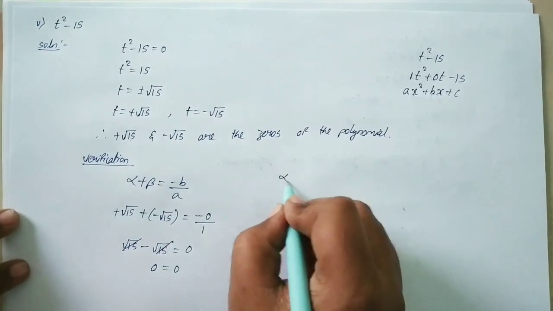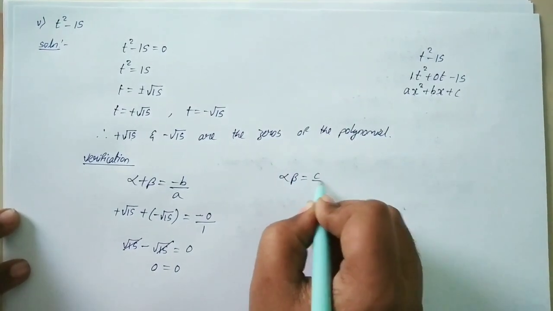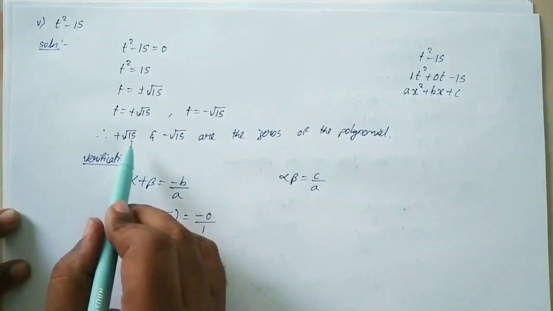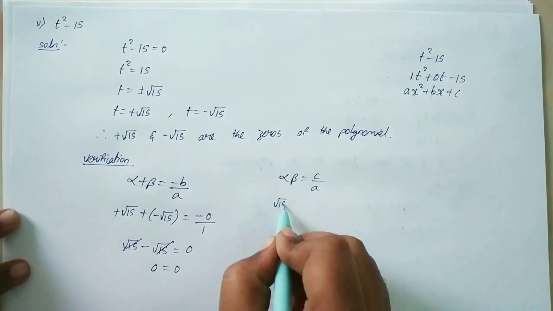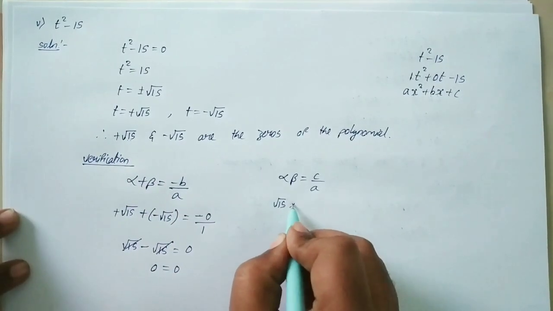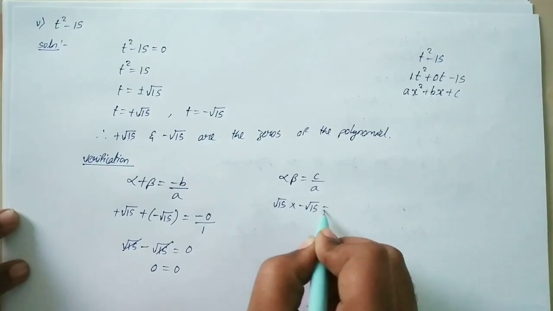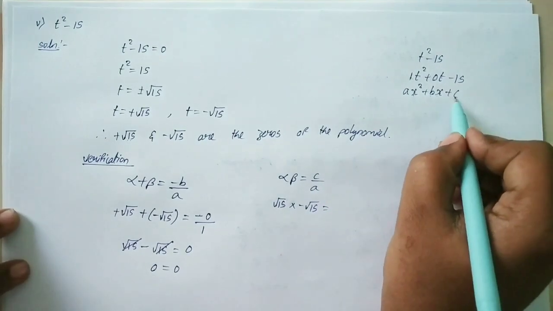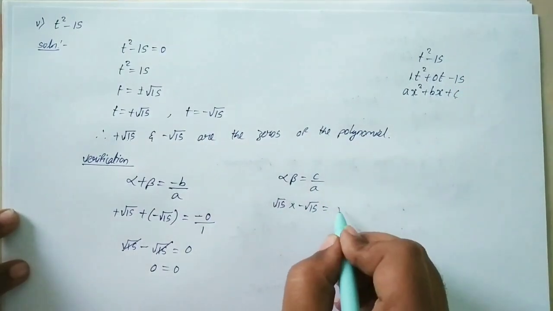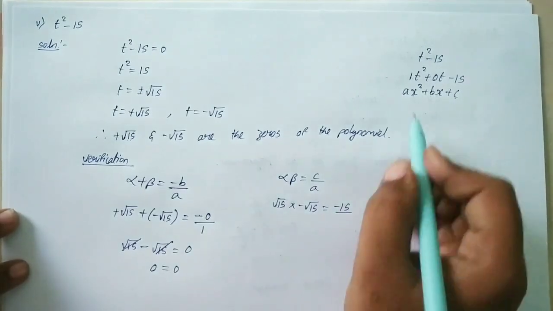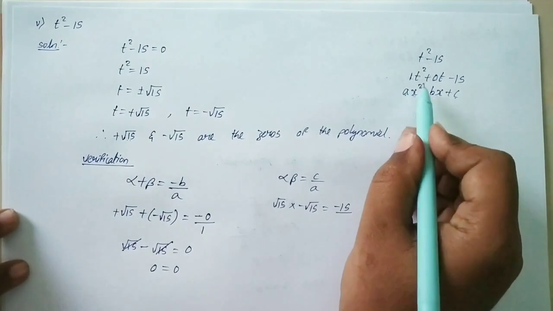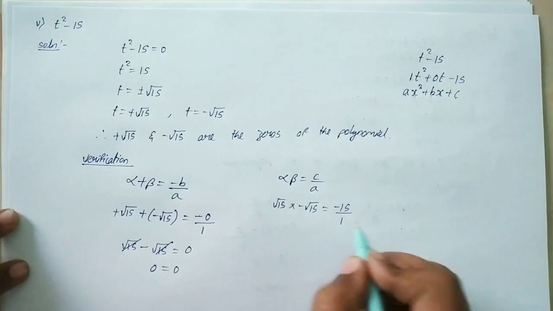So next, product of zeros. The formula is c by a, right? So I will take alpha as plus root 15 and beta as minus root 15, is equal to c. What is c? It is the constant. So what is the constant here? Minus 15 divided by a. A means the coefficient of x square. What is the coefficient of t square? 1.